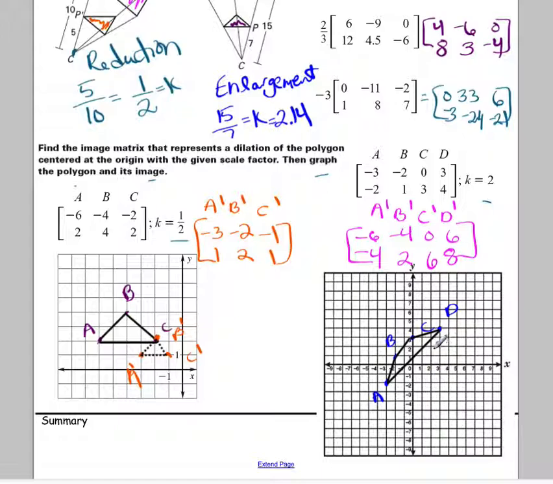And then the new one is -6, -4 for A prime. -2, 1. Sorry, that was the old one. -4, 2 for B prime, 0, 6 for C prime, and 6, 8 for D prime.